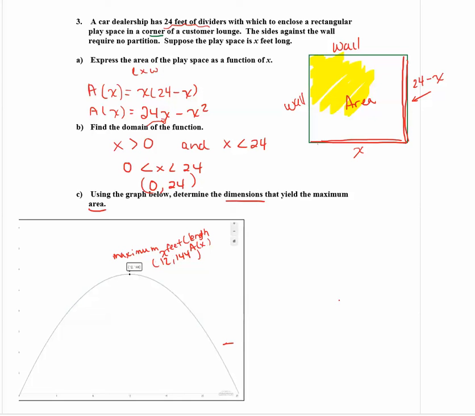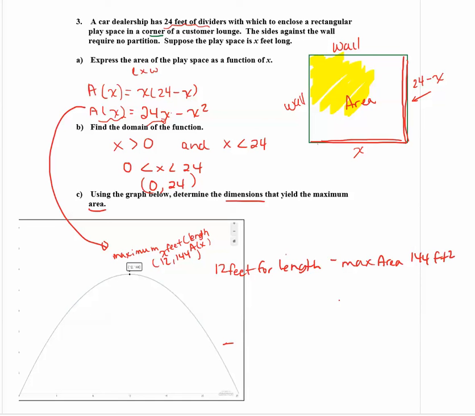Normally it's x comma y, but for our area that we graphed, it's x and A of x. So using 12 feet for the length, we're going to maximize our area of 144 square feet.